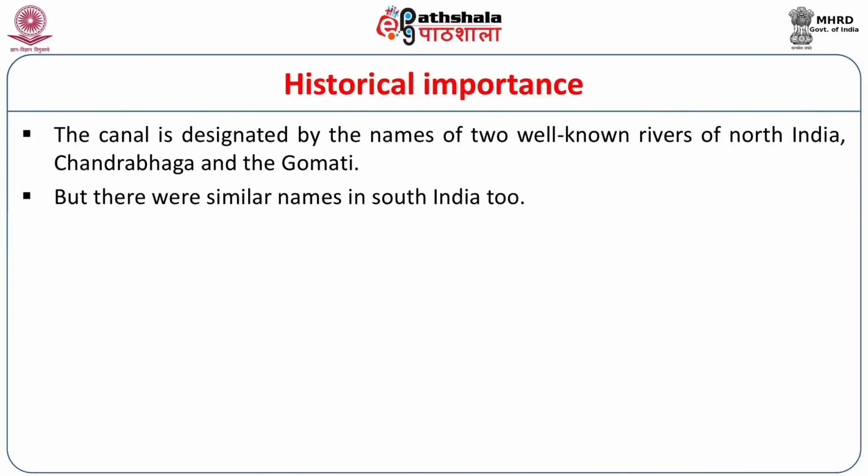But here I would like to say that Chandrabhaga and Gomati are very common names of Indian rivers. So we have one Chandrabhaga, which is the famous Chenab in the Punjab, but it is quite unlikely that the Punjab Chandrabhaga was named in this part of Southeast Asia.